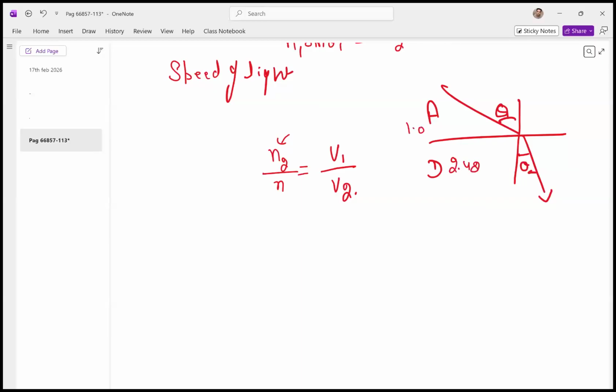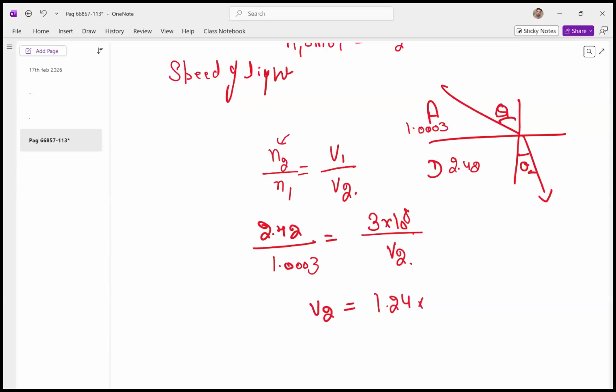This is 1.0003, so 2.42 over 1.0003 equal to v1, which is the speed of light in air, 3 times 10 raised to the power 8. V2 value we have to find out. When you do the cross multiply, you get the v2 value from here. That will come out to be 1.24 times 10 raised to the power 8 meters per second.